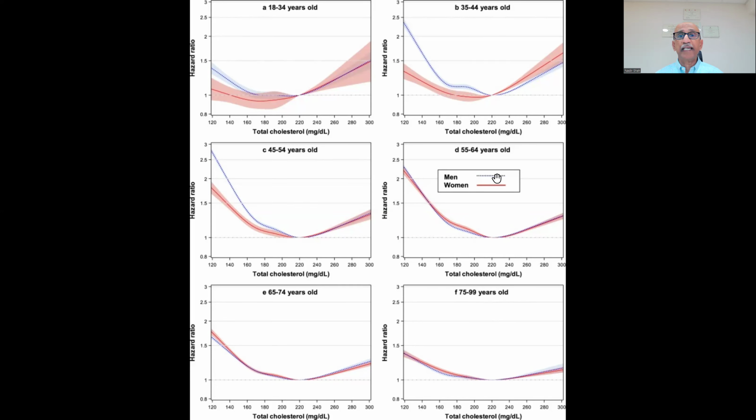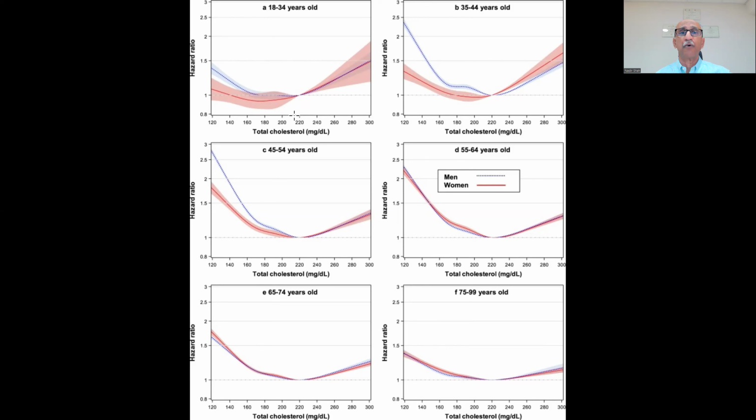The blue dotted line is for men, and the red line is for women. Now, the point of intersection at hazard ratio, which is just like a mortality risk, is 1 being the optimum. And as you move higher, your mortality ratio increases.